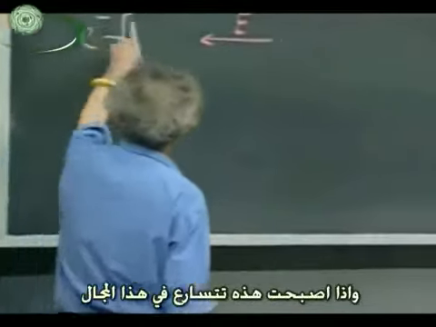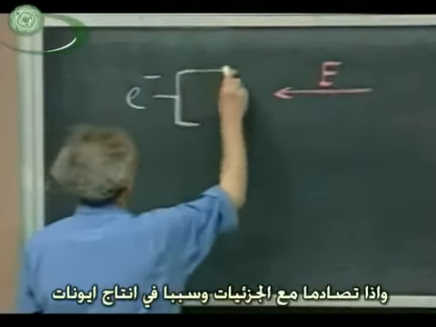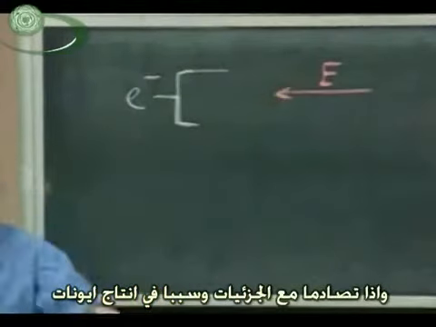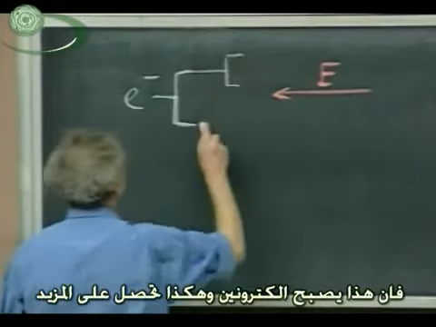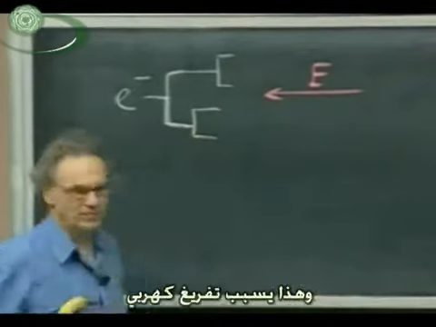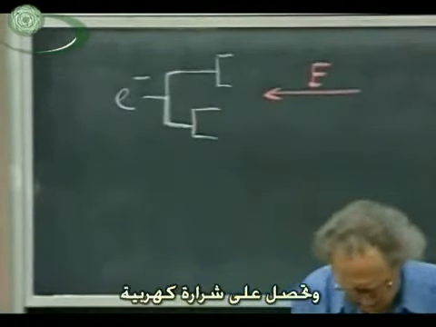And if these now start to accelerate in this electric field, and if they collide with the molecules, and if they make an ion, then each one will become two electrons, and so you get an avalanche. And this avalanche is an electric breakdown, and you get a spark.